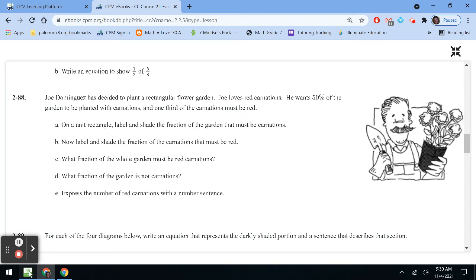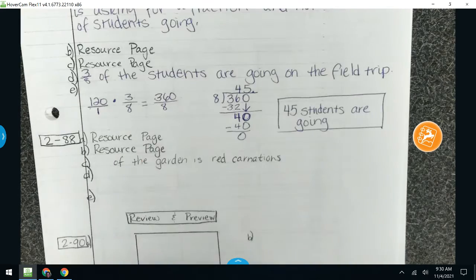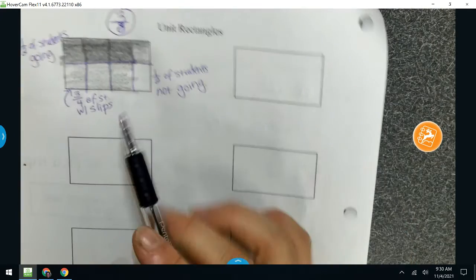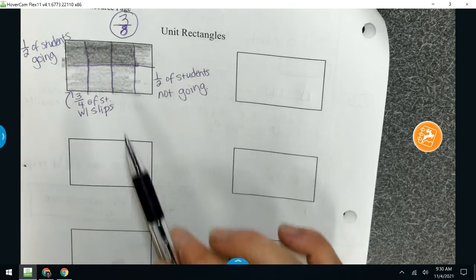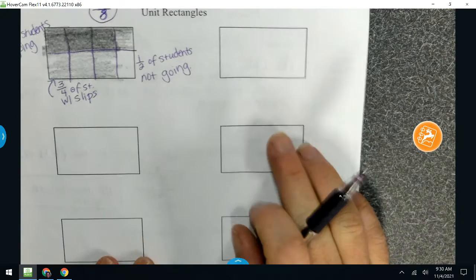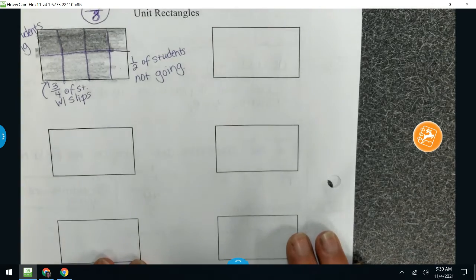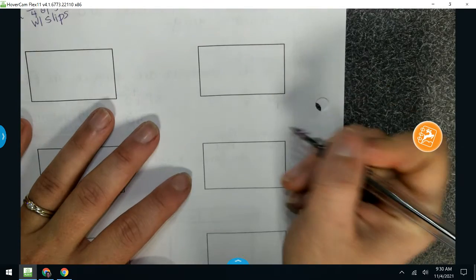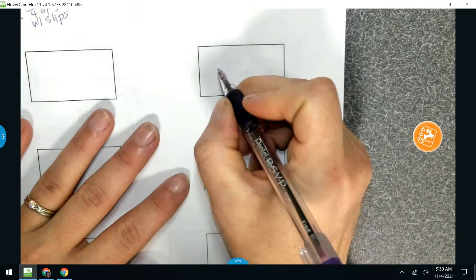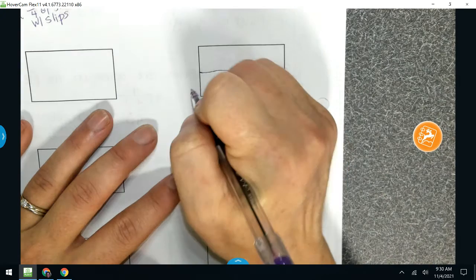So what we're going to do is go back over here. We're on 2-88. I usually do not pick the one right next to the one that I just did. We've got plenty of room on here. I usually go over here so I don't get confused as to which unit rectangle is for what. So I'm going to start right here, and it says 50% or 1/2 is carnation. So again, I'm going to split this in half.